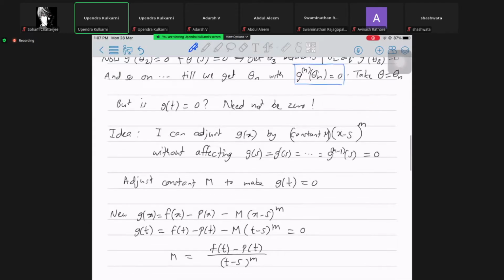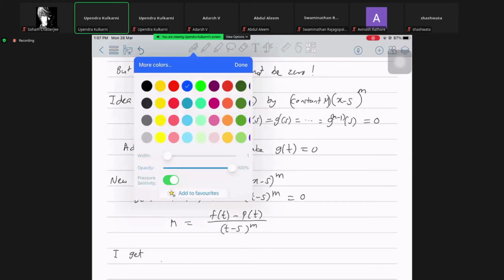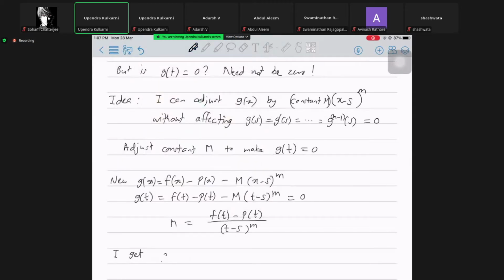And remember, I have taken that to be theta. So we get the nth derivative of g at theta. And remember, this is supposed to be 0. I have gotten that. But I can just look at the formula. So what is that?